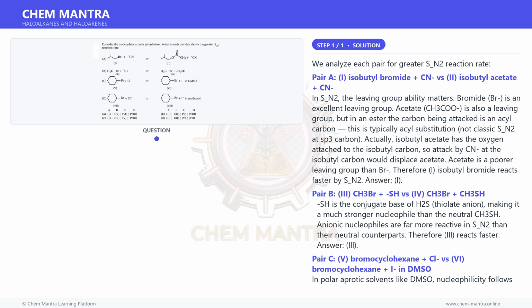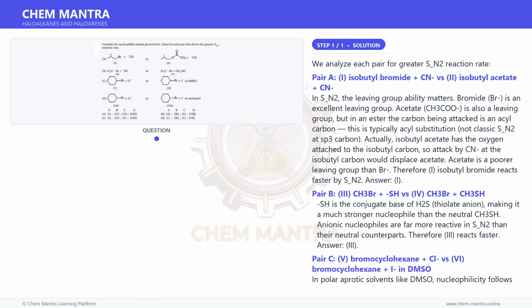If I- attacks and produces cyclohexyl iodide plus Br-, the reaction is less thermodynamically favorable. I- is a better leaving group, so equilibrium may not favor product. Alternatively, the question may be testing that Cl- displacing Br is thermodynamically favorable, Br being a better leaving group than Cl, while I- displacing Br is less favorable since I- is itself a good leaving group, making the reaction reversible.